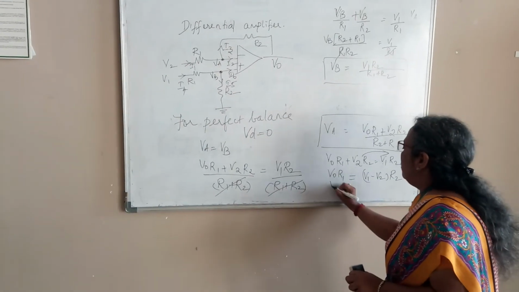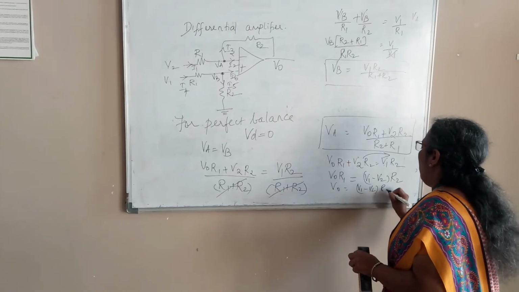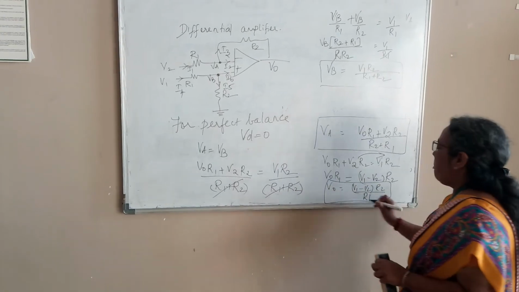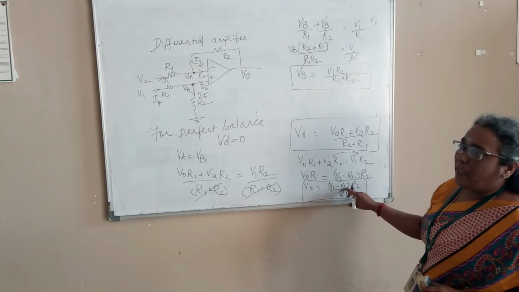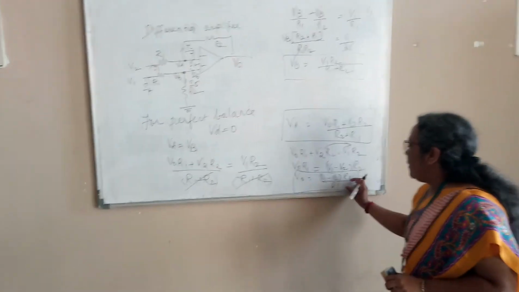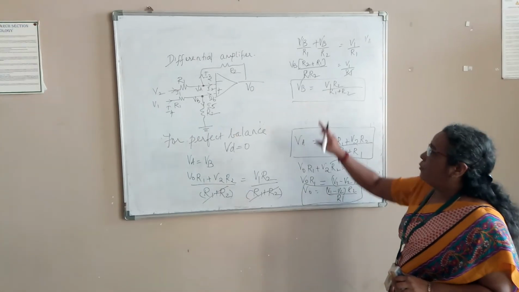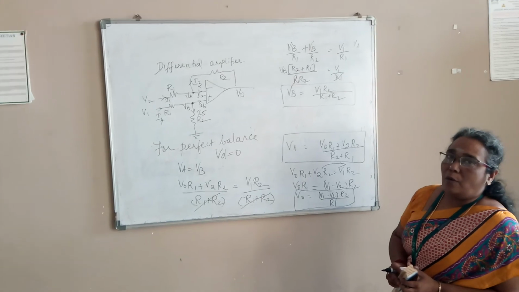So V0 will be equal to (V1 minus V2) into R2 divided by R1. This is the expression for the differential amplifier output. V1 minus V2 is my difference, so the amplification factor or gain is R2 by R1 here. So the output voltage of the differential amplifier is (V1 minus V2) into R2 by R1.